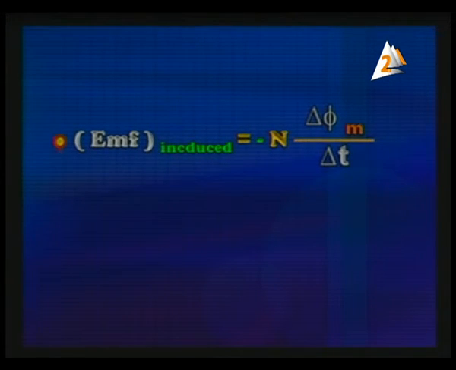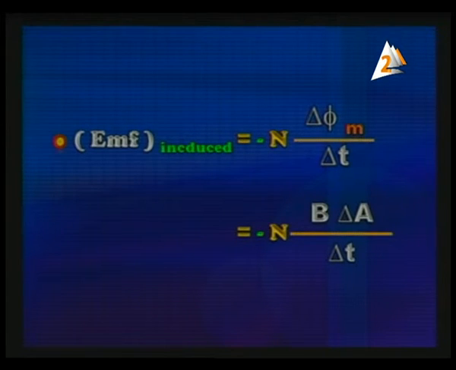Magnitude is determined from the expression EMF equals negative N delta phi magnetic over delta T. So it is equal to negative N. Magnetic flux density, the change in this problem is in the area, in the diameter.